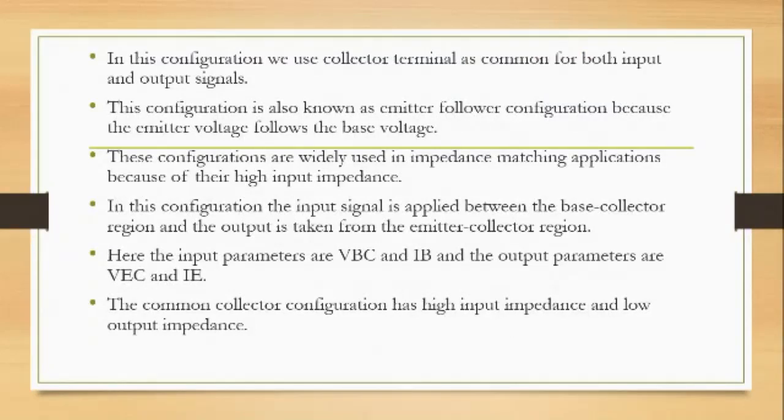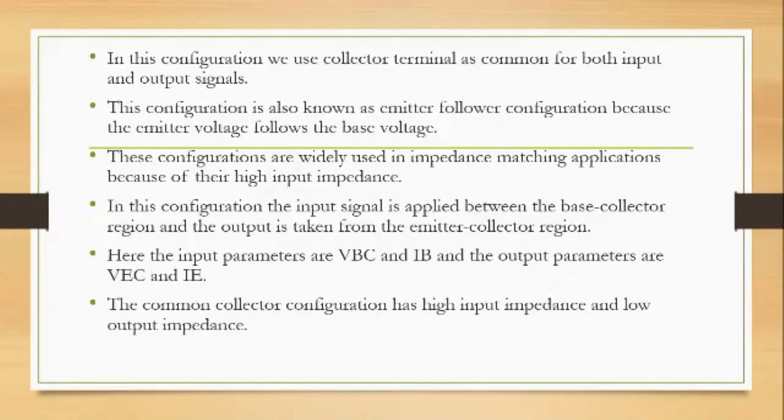These configurations are widely used in impedance matching applications because of their high input impedance. The input signal is applied between the base-collector region and the output is taken from the emitter-collector region.